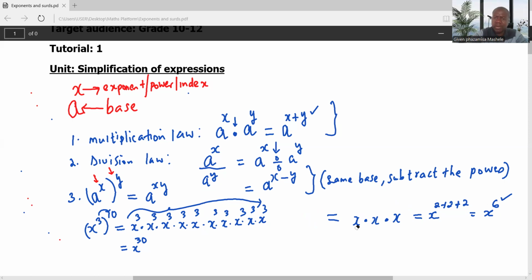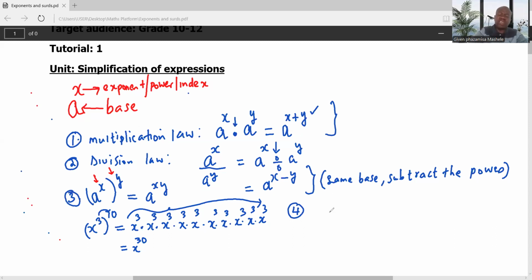Then now, let's move on to the next law, which is, these are the most important ones actually. I'm going to call it law number 4. So we have law number 1, number 2, the division law, number 3, and number 4, which says if you have multiple bases, let's say you have A times B raised to the power of x.